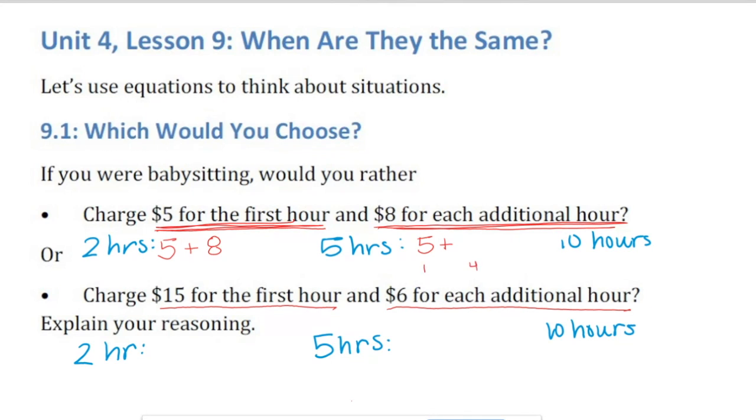Then for the 4 hours, it would be $8 for 4 hours, which is 32. Right? So as you were doing your math, make sure that you're looking at the instructions or at the pay scale correctly. So take a minute, see if you can still decide which is the better option.